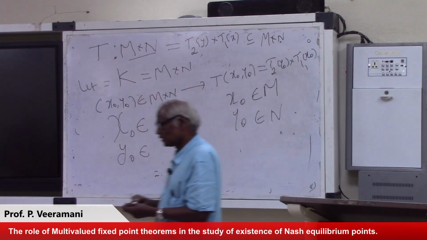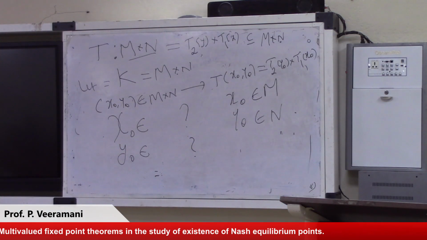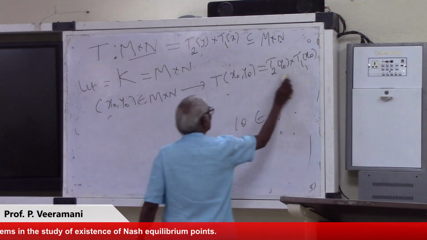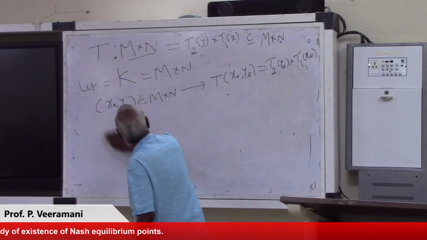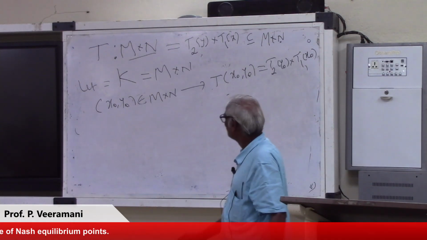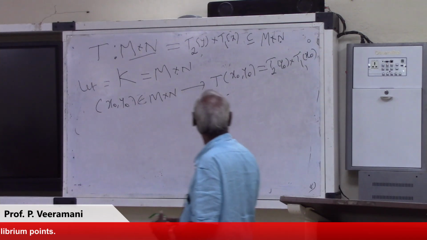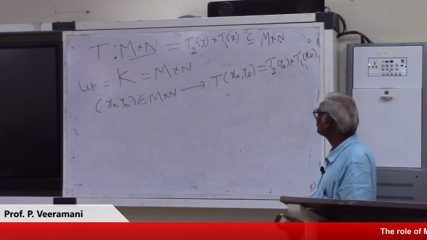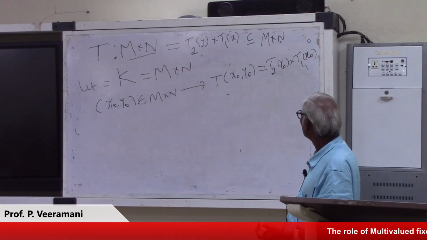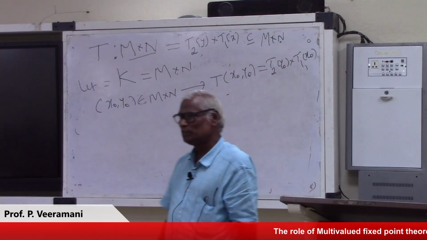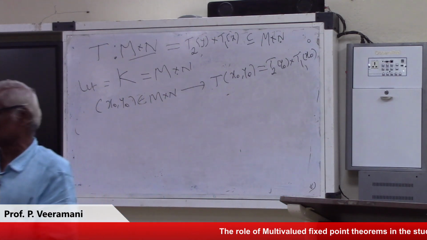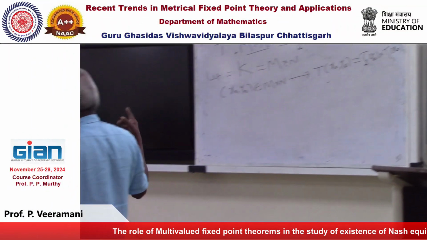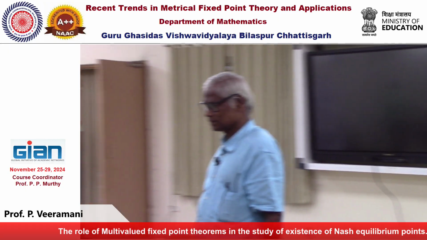Now tell. The image of the ordered pair x naught, y naught is equal to T2 of y naught cross T1 of x naught, which is a subset of M cross N.